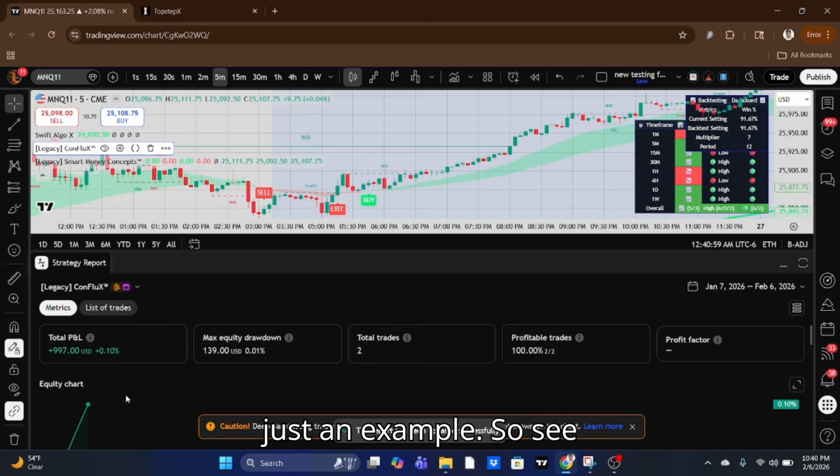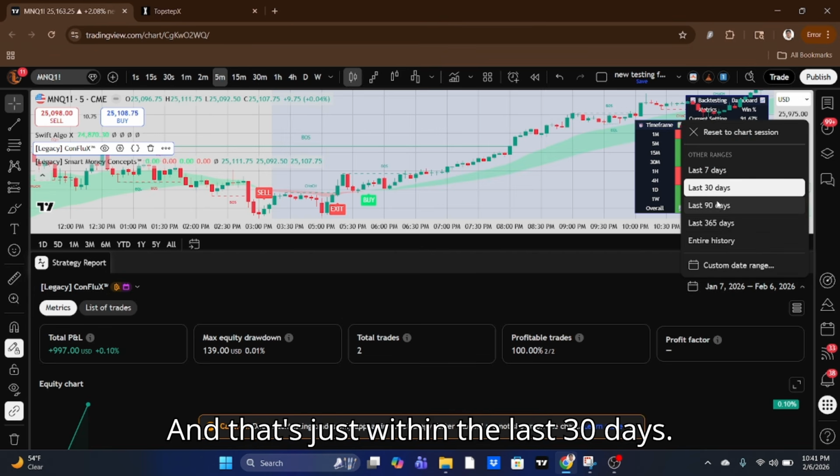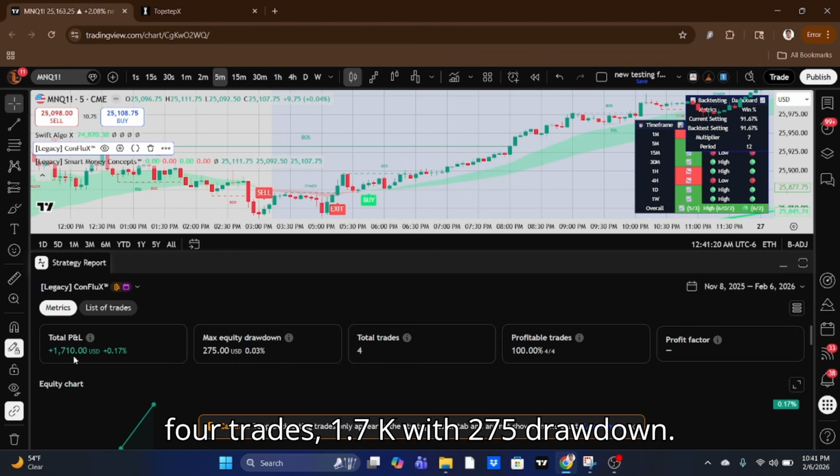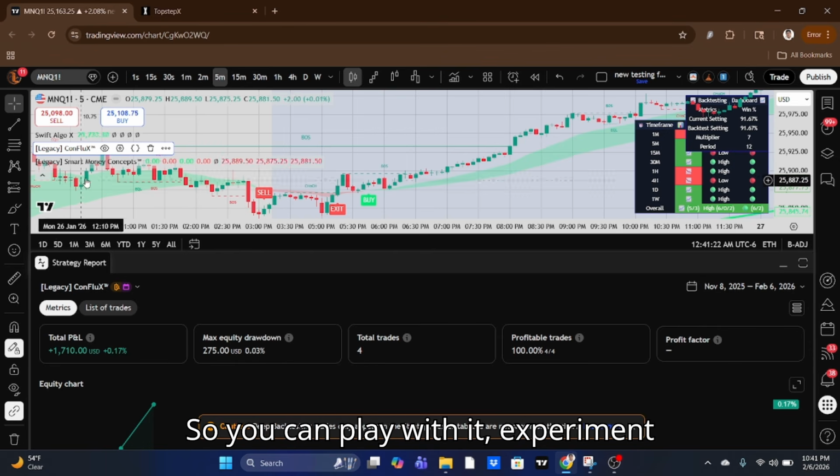That's just an example. So see 997, so 2 winning trades, and that's just within the last 30 days. Let's do the last 90 days. Last 90 days, it won all 4 trades, 1.7K with 275 drawdown. So you can play with it, experiment with it.